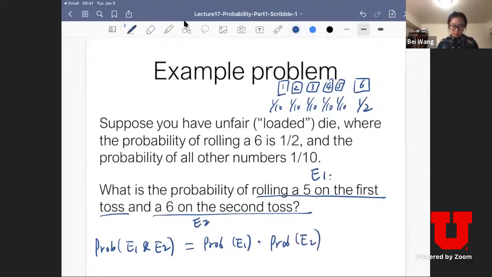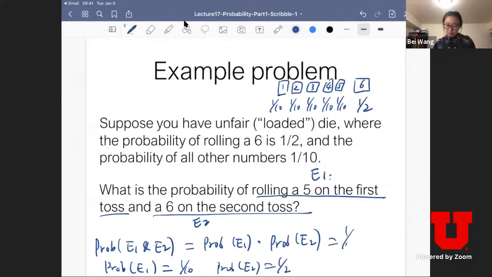The probability of E1, rolling a 5, is 1/10. The probability of E2, rolling a 6, is 1/2. So this is 1/10 times 1/2, which is 1/20.